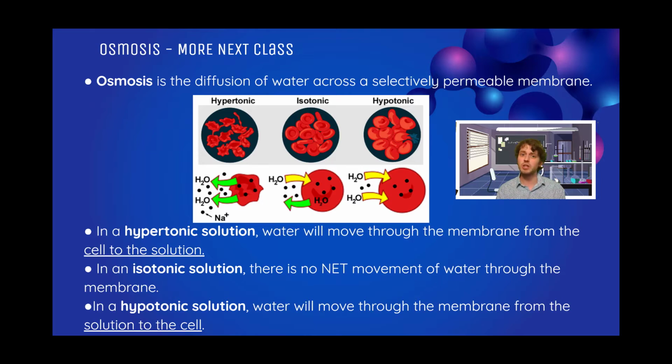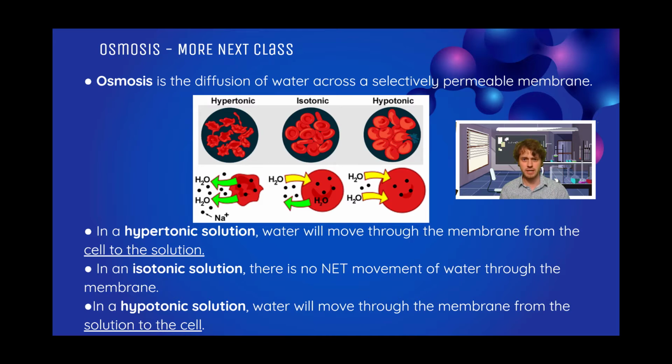So if I put a cell into a hypertonic solution, then water is going to leave the cell and go into the solution. Basically, you can think of it as there's a higher concentration of water in the cell than outside of the cell. So the water is going to move out of the cell.